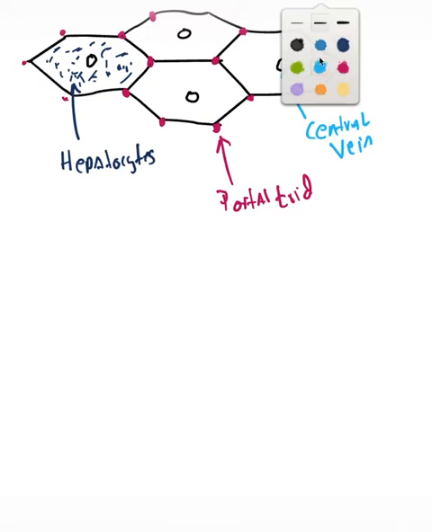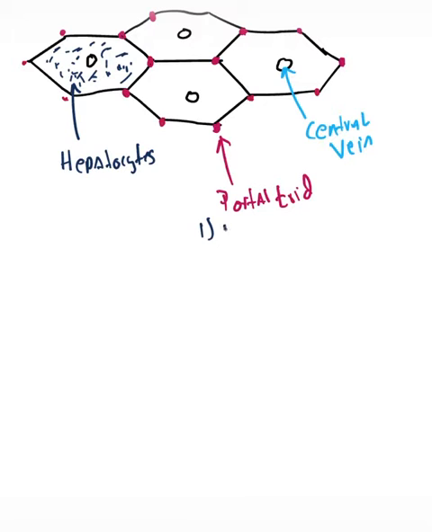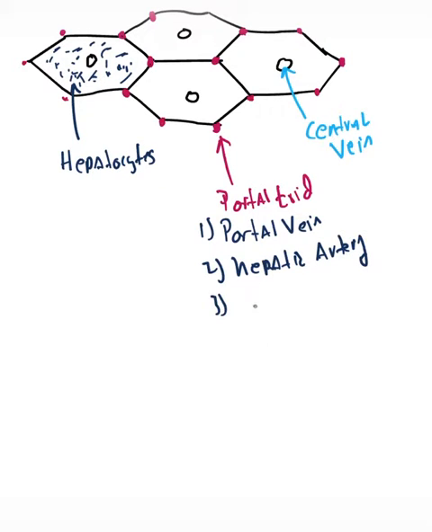The portal triad contains three different structures, and we'll talk about them in more detail as we go along. They contain a portal vein, a hepatic artery, and a bile duct.